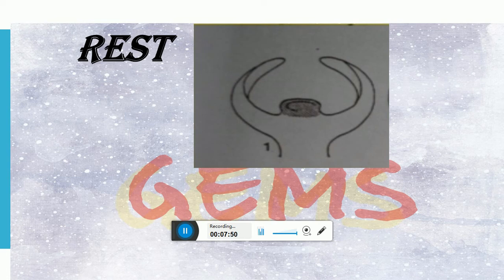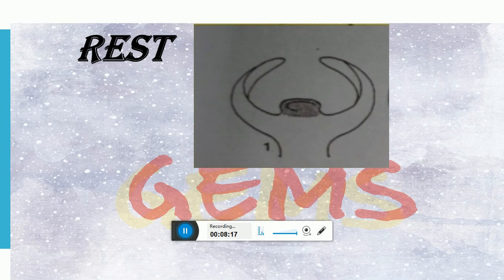Rest is the part of the clasp assembly that lies on the occlusal or lingual or incisal edge or surfaces of the tooth. It resists the tissue-ward movement of the clasp, and it transmits the functional forces along the long axis of the tooth. This is the rest.